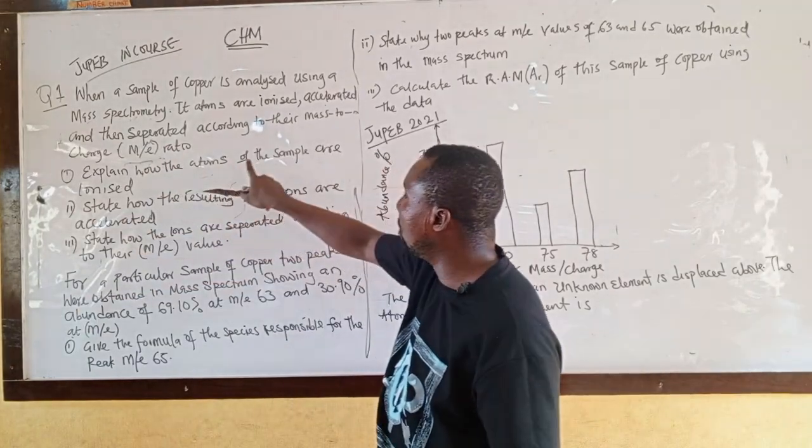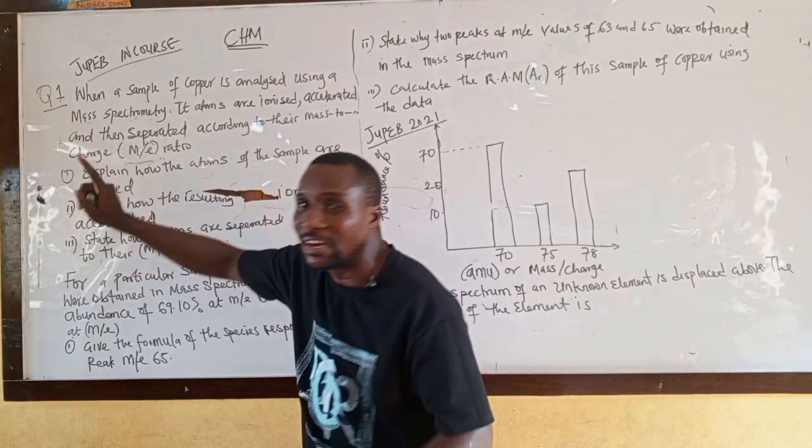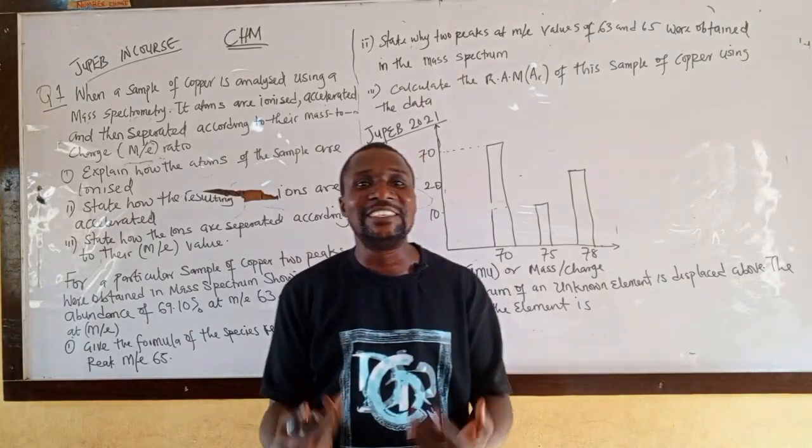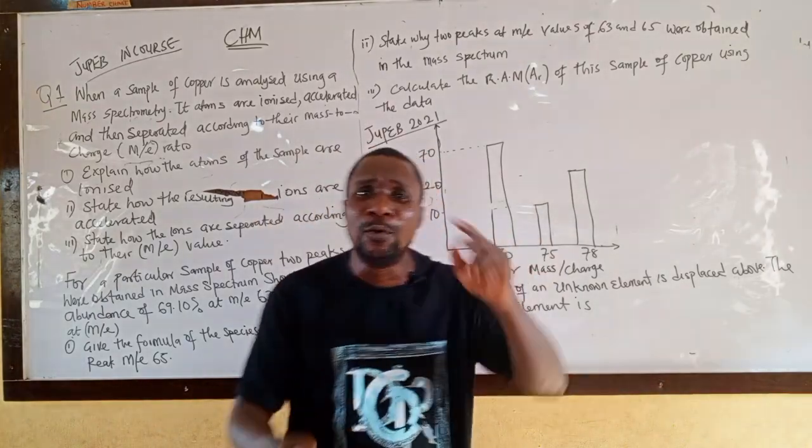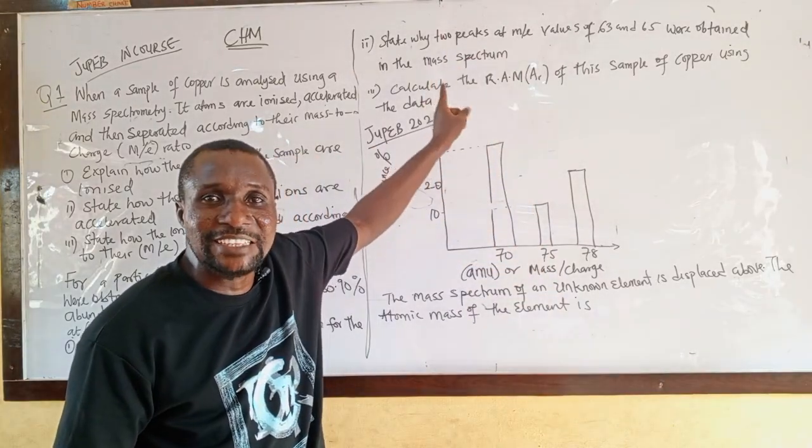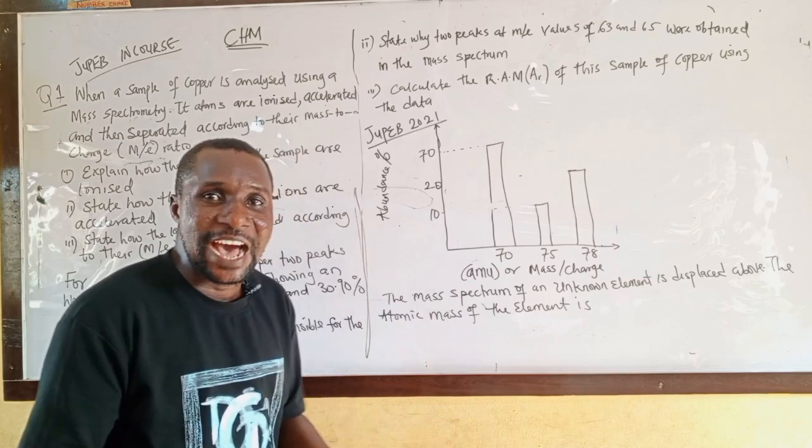Explain how the atoms of the sample are ionized. How is the sample ionized? Very simple. Go back to the ionizer stage. How are they ionized?